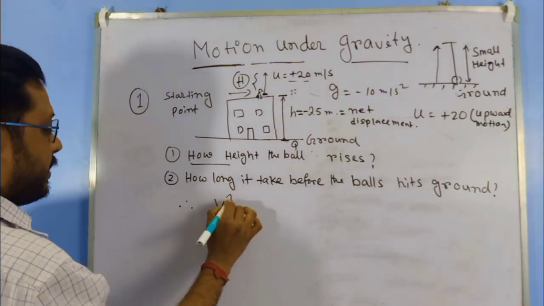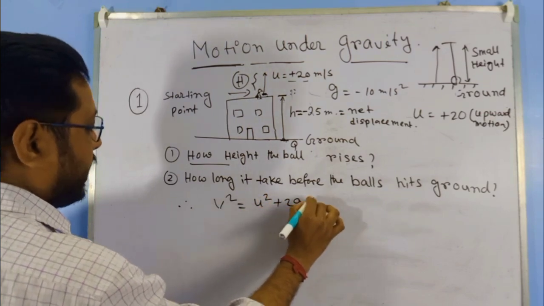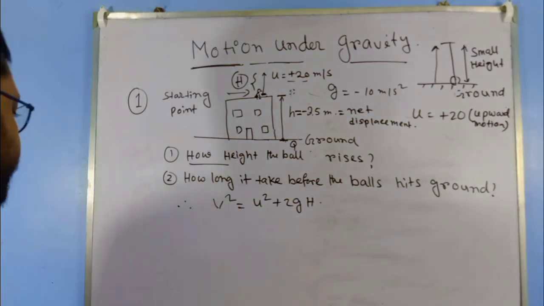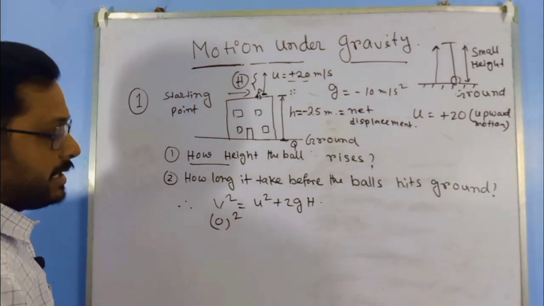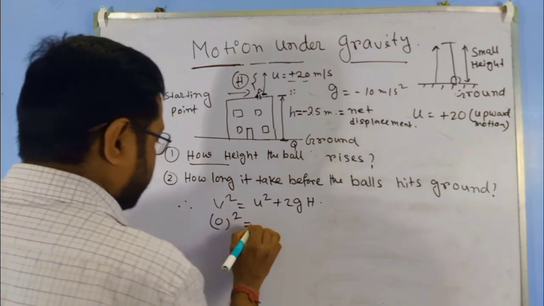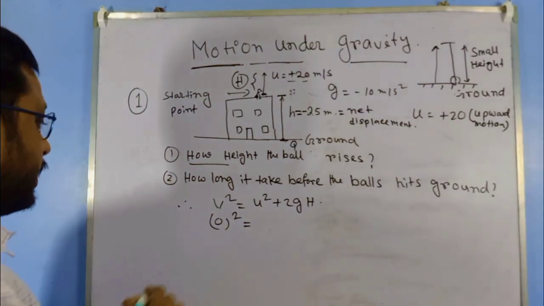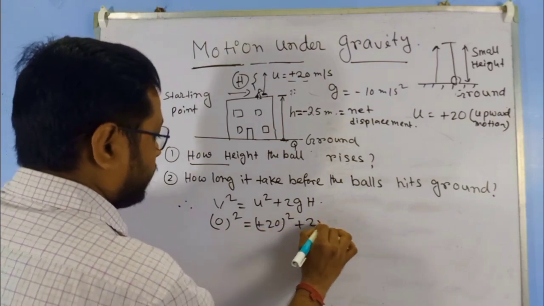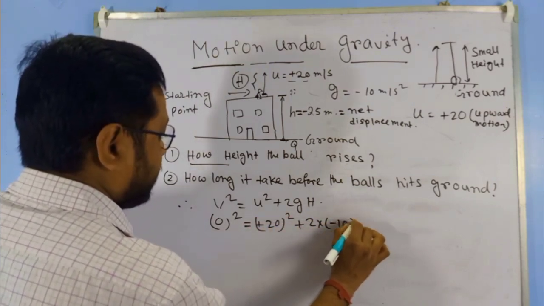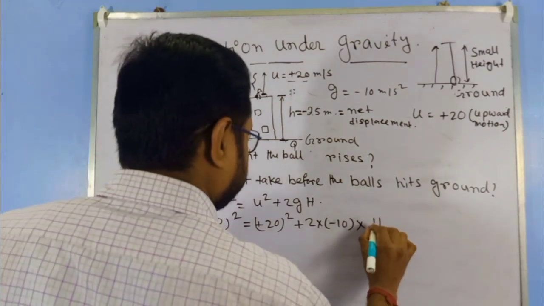So from the equation v square equal to u square plus 2gh, we can show that in the case of maximum height, the ball will stay at rest at the maximum point. So we can take v equal to 0, u equal to 20, so 0 equals 20 square plus 2 into g equal to minus 10 into h.